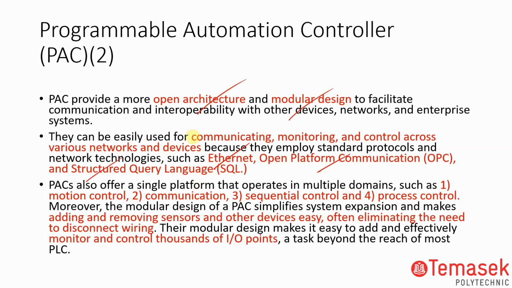It runs in many domains such as motion control, communication, sequence control, process control, which are generally what most of these controls are. It can add and remove things easily by having I/Os and all this kind of stuff. So a lot of them we don't call them PLC, we call them PLC.